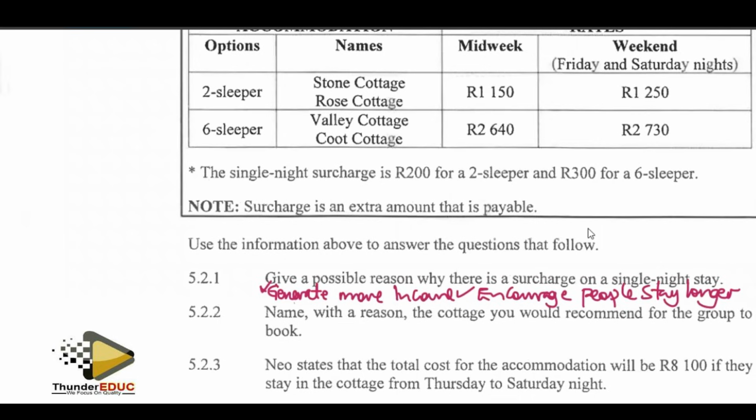I would recommend them to take the 6 sleeper since they are 5 people. So they will all fit in one room. They will put them in one cottage, and for security reasons they will all be safe.